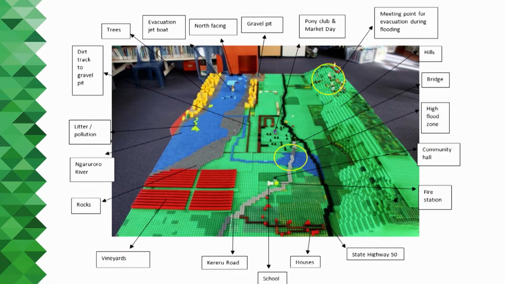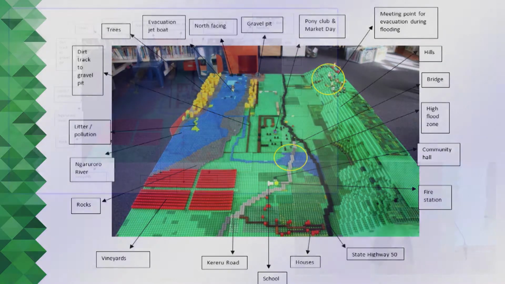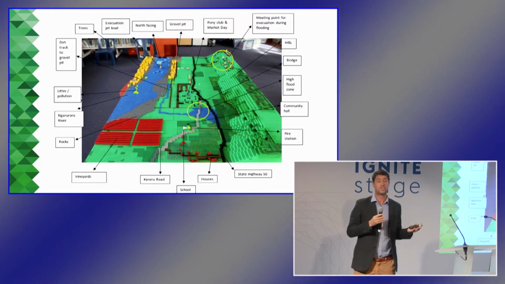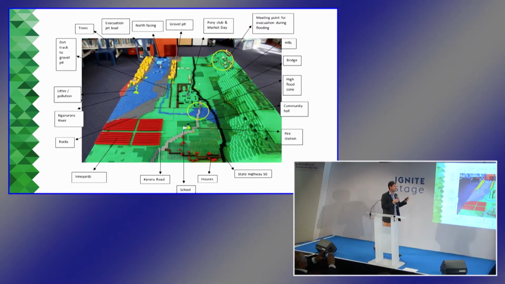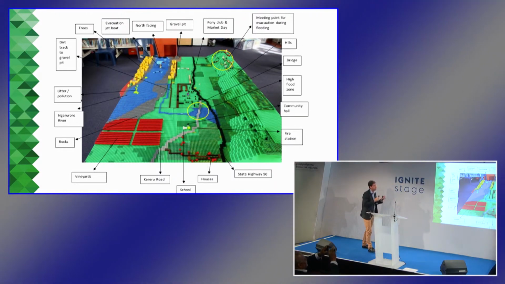You're always surprised when you work with children how much knowledge they have about their surrounding environment. They identify things such as the river, where it is dangerous to swim, where people regularly die or drown, or there is the danger of drowning.